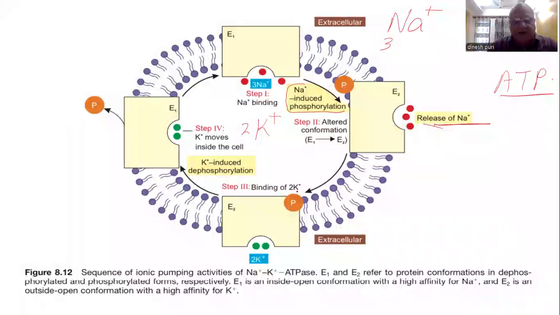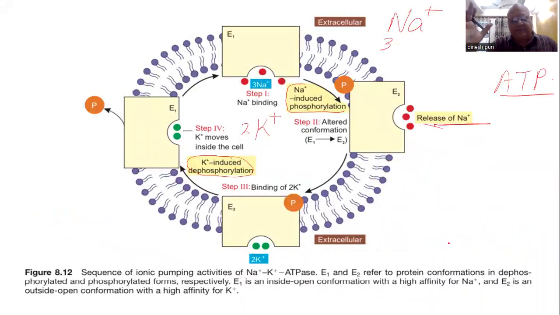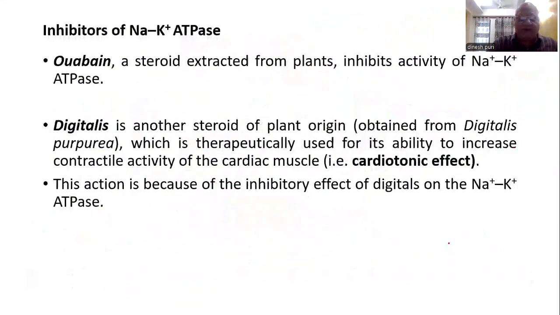Where potassium binds, potassium-induced dephosphorylation will occur, so the conformation will again change. So there is stabilization of the inside open conformation by dephosphorylation and so on. But don't get confused by all this terminology. Just look at this and try to explain it yourself.